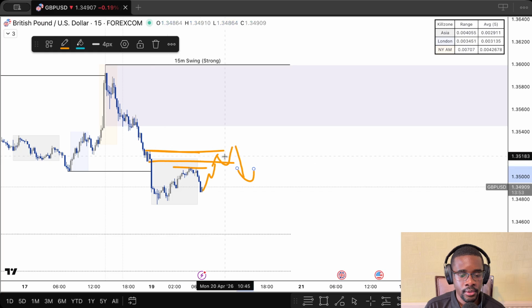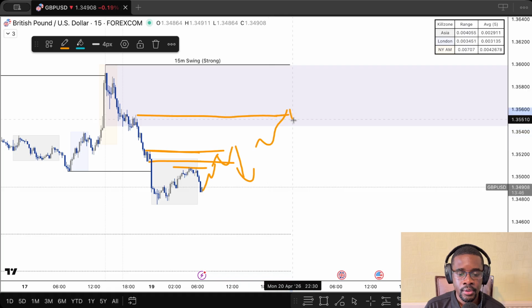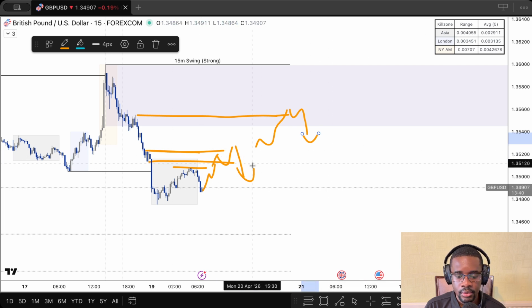Okay, if it continues, then maybe we may target this high up here and then look for shorts. Okay, so those are the scenarios that I'll be waiting for today.